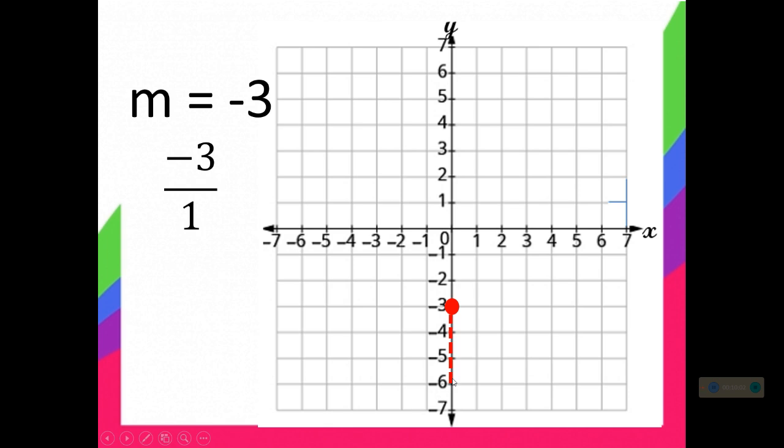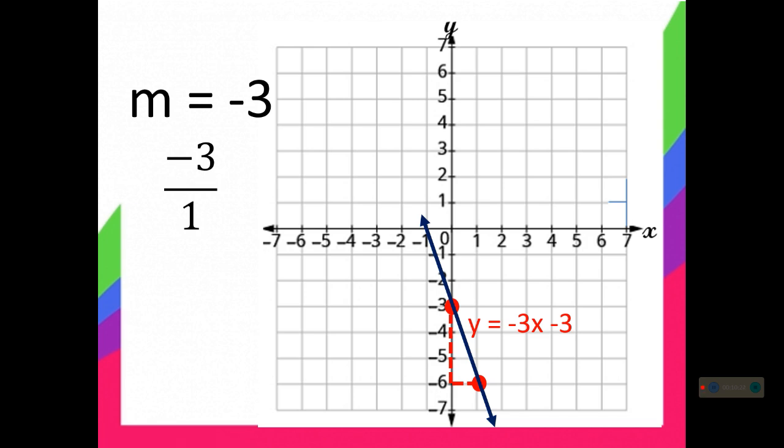Then we run 1 unit to the right. Then you plot the second point, connect the 2 points, and write the label of your equation. We have here the graph of y equals negative 3x minus 3.